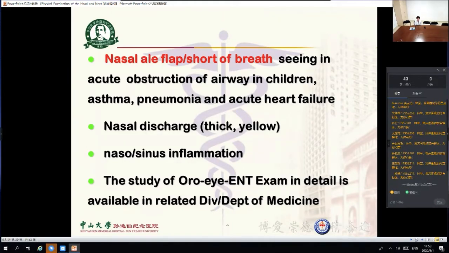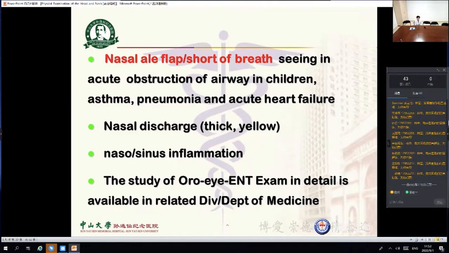And this kind of patient is not only showing the flap, but also showing cyanosis, as I introduced previously, for the obstruction of the airway, or the pneumonia, or the heart failure.